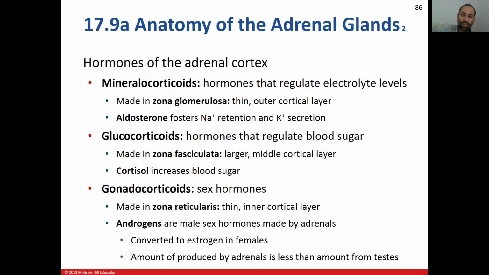So too much cortisol, what would that do? It will give you what is called a moon face, okay? Because of water retention, you get kind of a double chin, right? Like a rounded moon face. It also gives you kind of a buffalo hump at the back of the neck. There's a lot of fat deposition, so a buffalo hump.